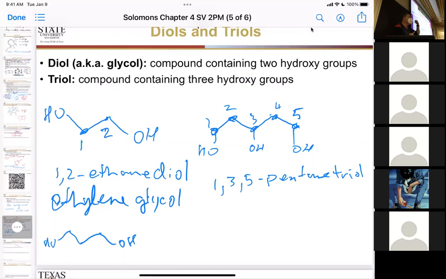If we're going for a double bond, that's going to be anything with an EN and something else at the end. Anything with a triple bond is going to be a YN. So those are the 3 kinds of hydrocarbons: alkane, alkene, and alkyne. But now we have those things plus additional functional groups. That's what we're going to learn how to name today.